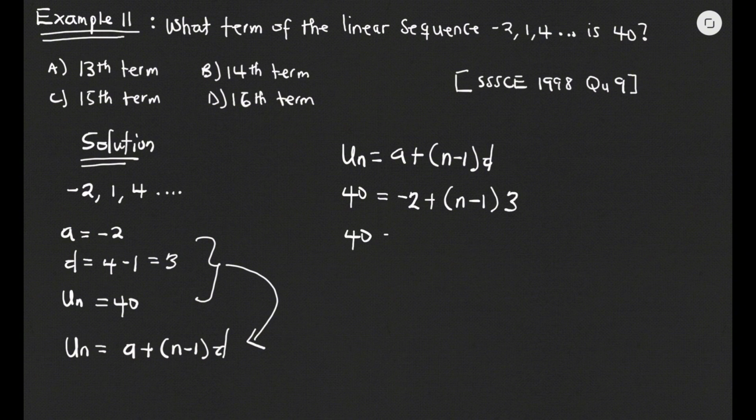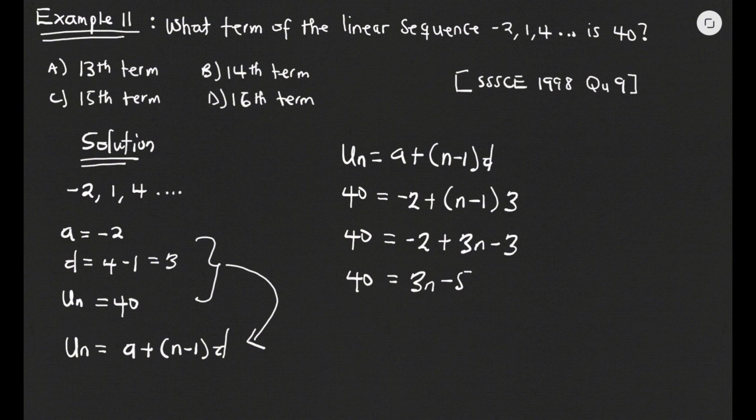So I maintain my 40 here, equal to -2 plus 3 multiplied by n, which gives me 3n. 3 multiplied by -1 will give me -3. So I have 40 is equal to -2 minus 3, that will give me -5, so I have 3n minus 5 over here.